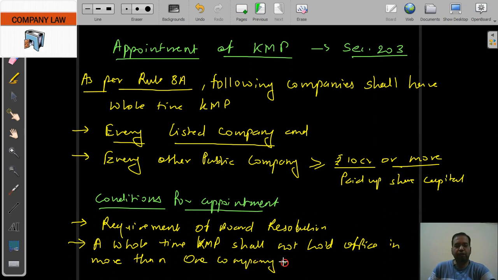Of course, this particular condition is not applicable to a subsidiary company, so he may hold office in the subsidiary company of that. Within 6 months, the vacancy has to be filled properly.